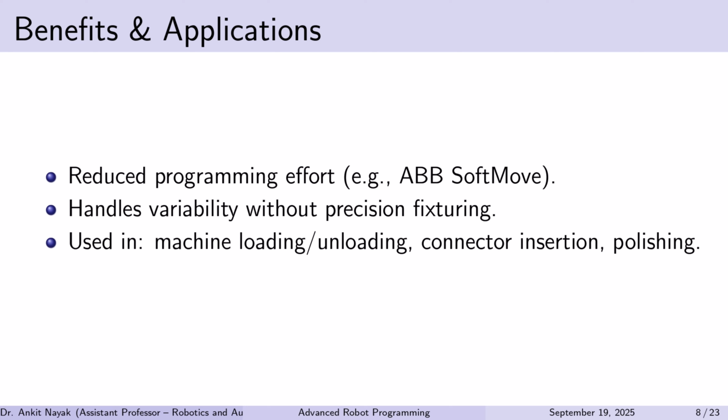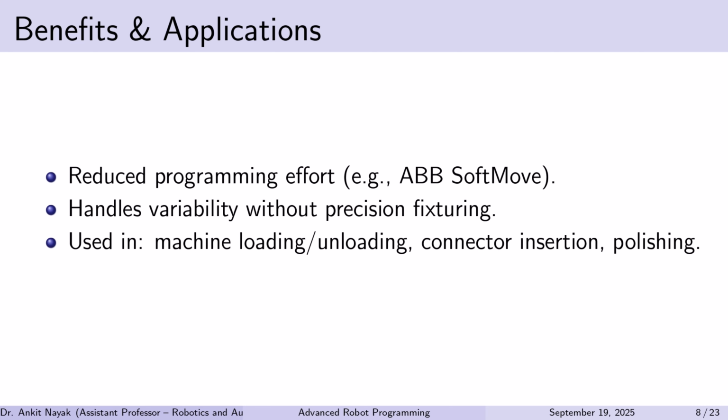You can see applications of soft float everywhere. In automotive factories, robots use soft float when loading gear shafts into gearboxes. In plastic industries, robots unload parts from injection molding machines, and since the position of the part may vary slightly, soft float allows the robot to pick the part without damaging it.